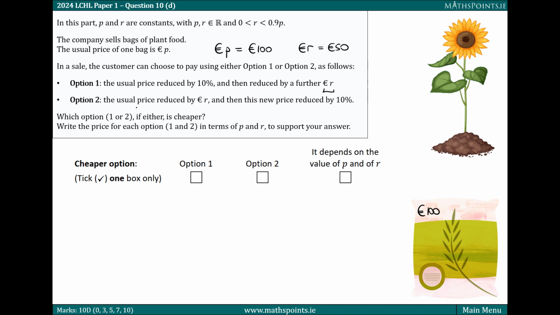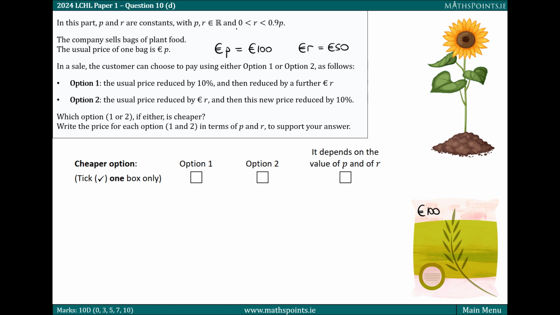Or would it be cheaper to reduce the price, 100 euros, by R euros, so take off the 50 euros first, and then reduce that new figure by 10%. And that's all they're asking. Which of those options, option 1 or 2, would be cheaper? And whatever the answer is for these numbers, that would also be the answer when we put in the P's and R's and do the question that way.